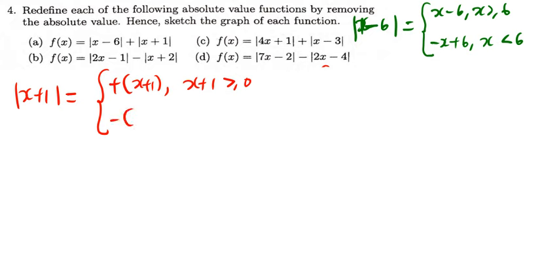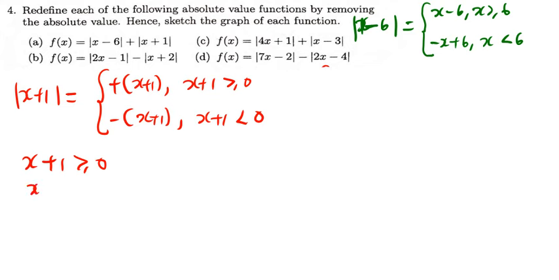Then I multiply by negative: negative of x plus 1, and the condition should be the same one but less than 0. Then we solve for x. Here you clearly see that we have x plus 1 greater than or equal to 0.